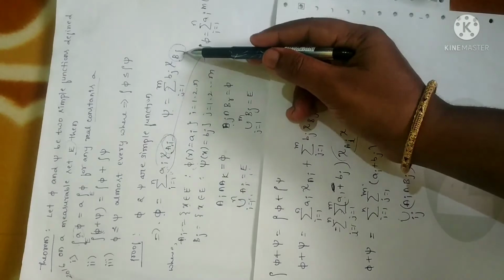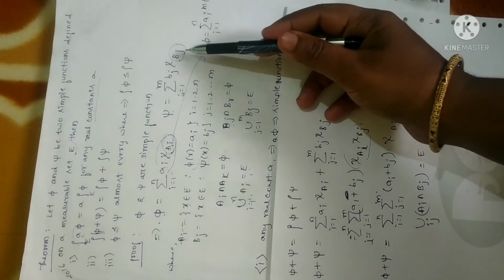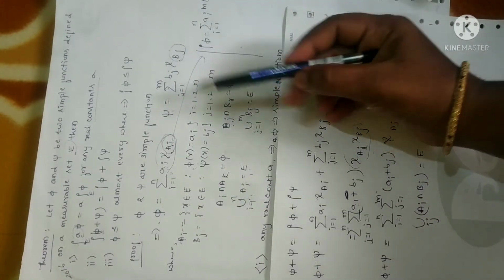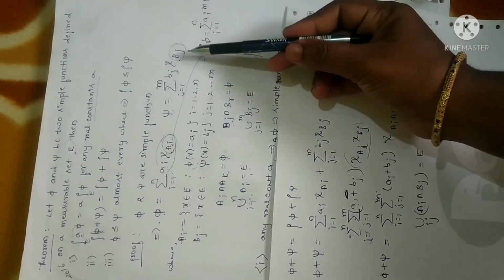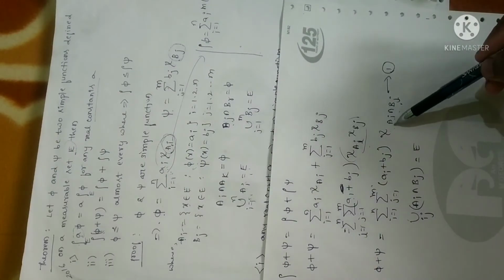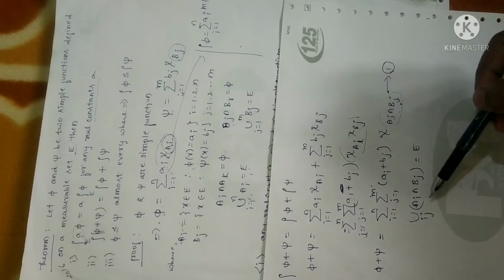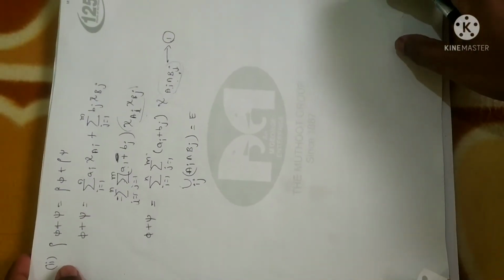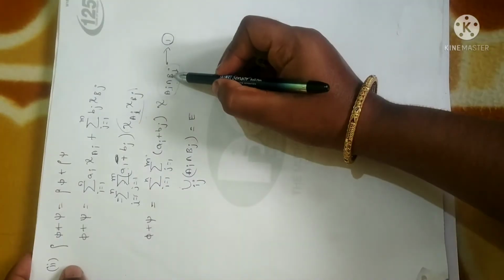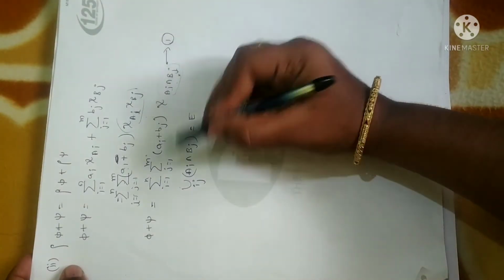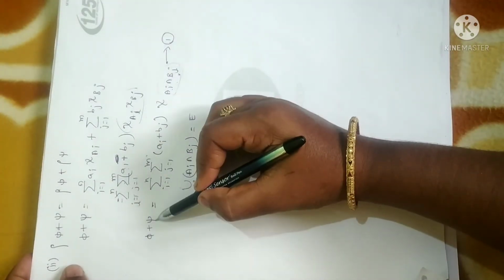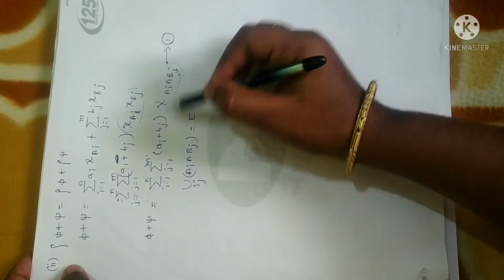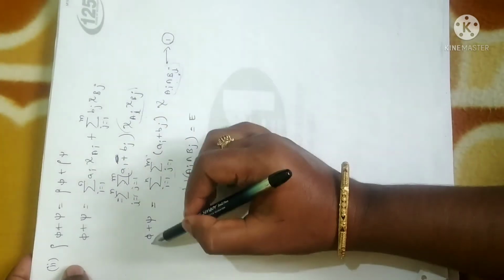Similarly, instead of ai I have bj, so E can be written as the union of all the bj. And here you have ai intersection bj, so I can write E as the union of all ai intersection bj. Fine. Now equation 1 is the canonical representation of the simple function phi plus psi.